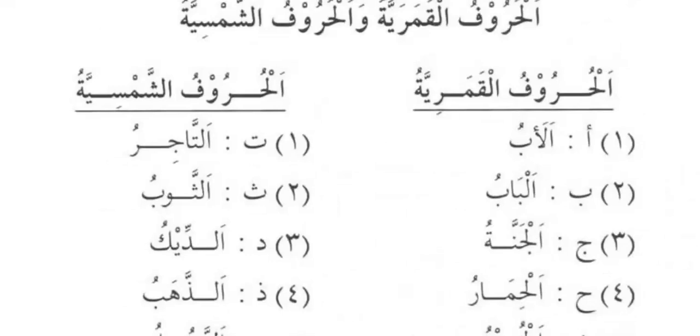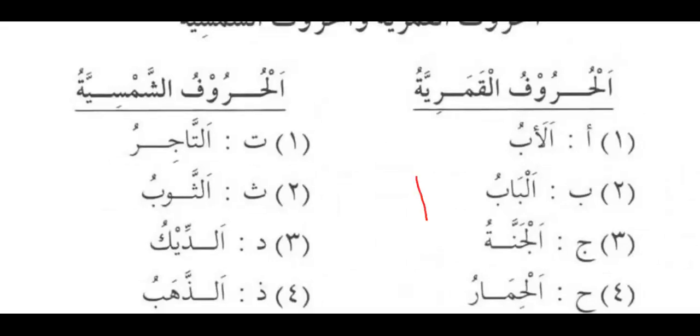Why is alif excluded? Alif is excluded because it's the only letter that cannot have fatha or kasra or dhamma. Alif is just used for elongation. For example, if I have jim fatha ja, I want to elongate it, I can put alif and say ja. Can I put alif on this alif? Can I put fatha on this alif?